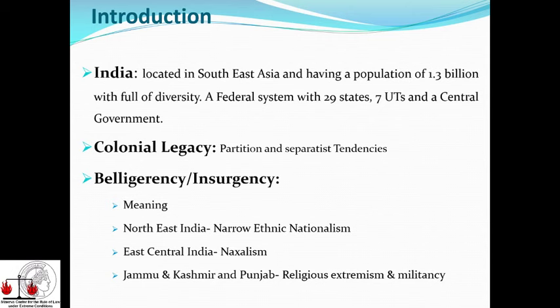Any country, whatever kind of internal issues it is facing, has some correlation with its past. India is not an exception to this basic rule. India's colonial legacy has created havoc in its internal spheres. India got its independence in 1947, and the colonial rule of around 200 years practiced the divide and rule policy in India, and that policy became the major cause for its partition on the basis of religious identity.